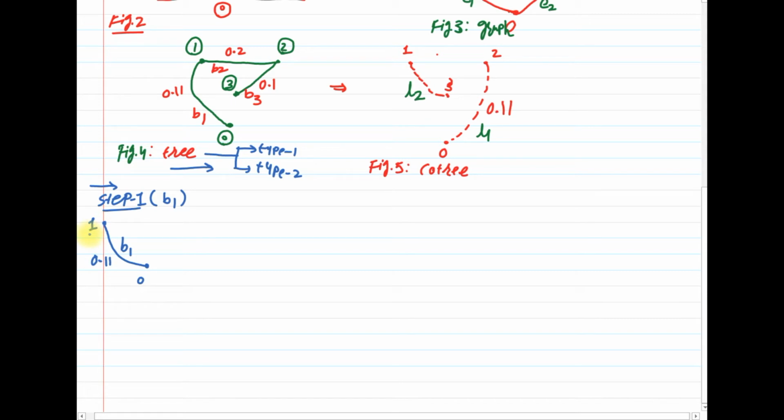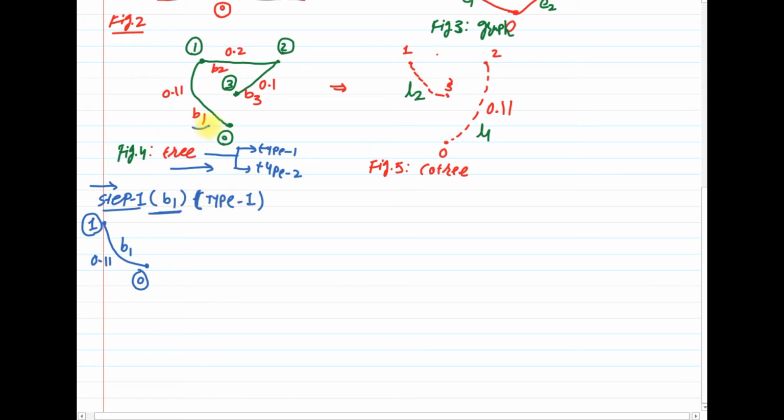That means bus number 1 is connected at the reference bus, where we can easily say that the type 1 modification is applicable for this element B1, means first element.